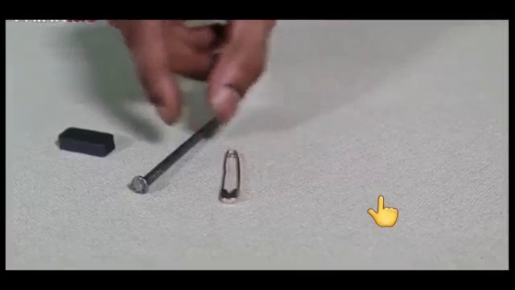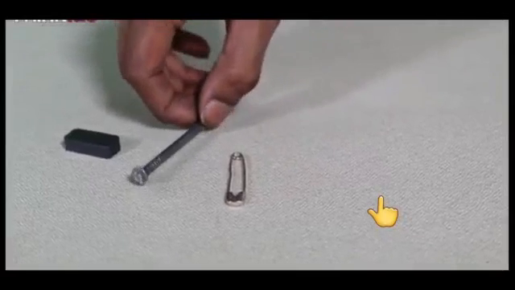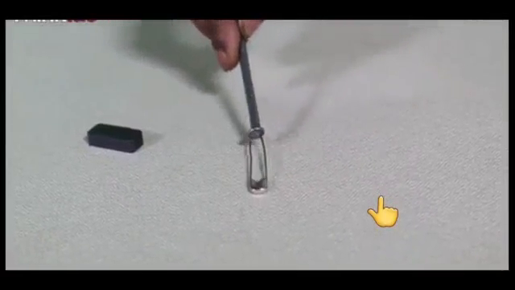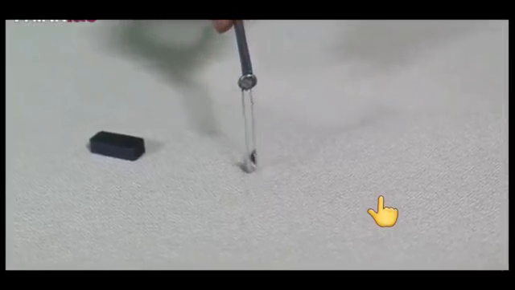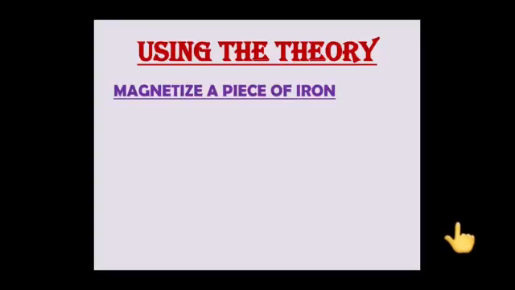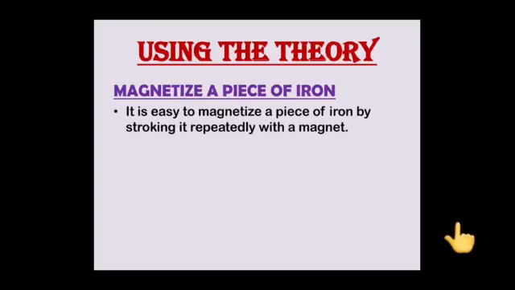Later, bring the pin towards the nail. You can see that the nail attracts the pin. Now, the iron nail is a magnet. So, you can easily magnetize a piece of iron by stroking it repeatedly with a magnet.